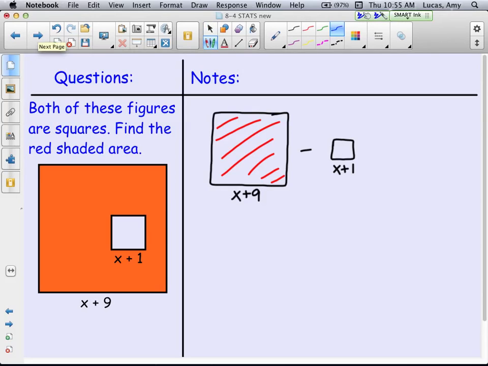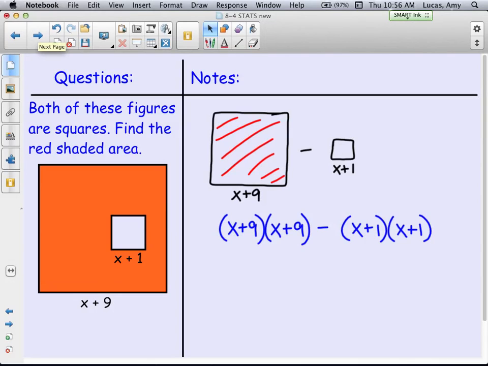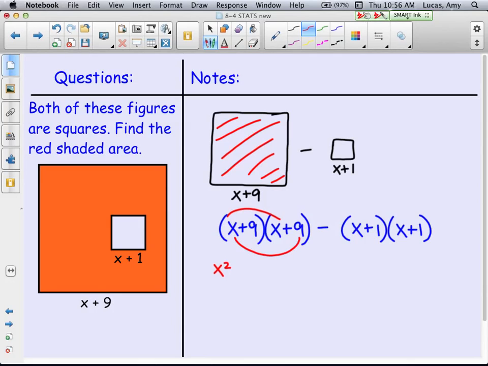Okay, so I need to FOIL to find the area of the square. You've got to multiply length times width. And then over here, I'm going to do the same thing. I'm going to FOIL, and then I'm going to subtract them. So, my first one, x squared plus 9x plus 9x plus 81.